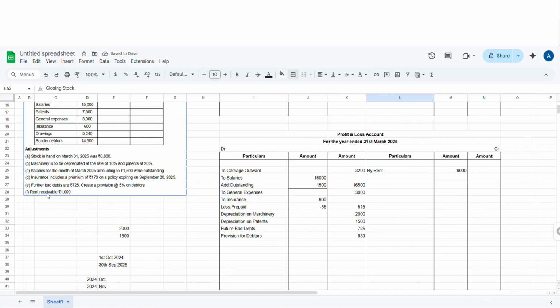Next we have rent receivable 1,000 rupees. Rent is income, we have to receive it. We have earned the income but we have not received it, that is accrued income. So in the profit and loss account, add accrued income, that is accrued rent, 1,000 rupees.